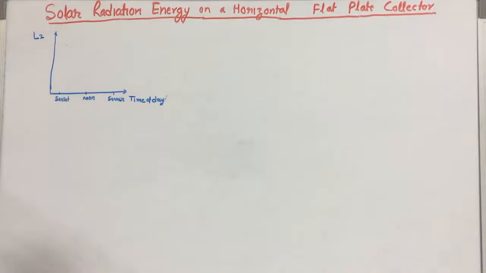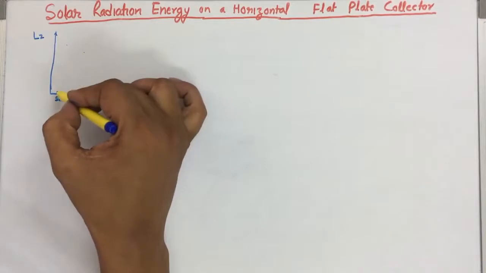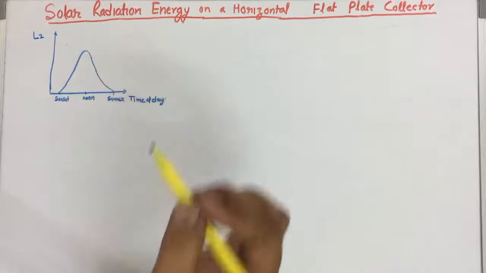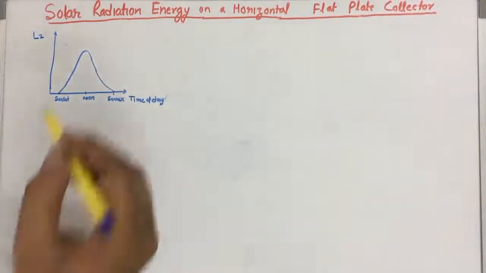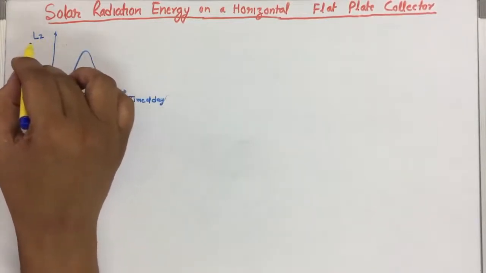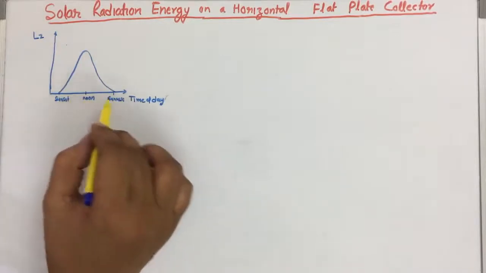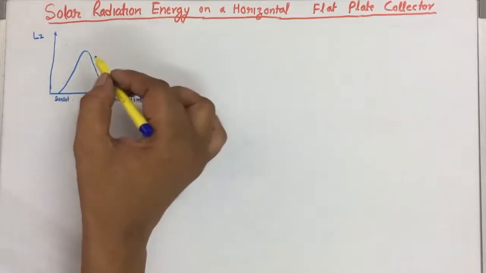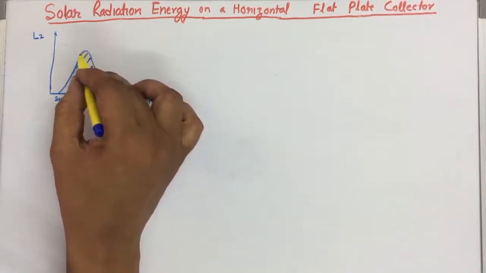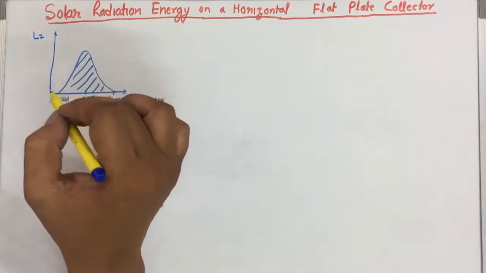If we plot the energy curve, we find, as we have studied already, this is the probable curve. LZ is the insolation incident normal to the horizontal plate, and this is the time of the day. This region tells us the energy available for the full day, from sunrise to sunset, in the radiation.